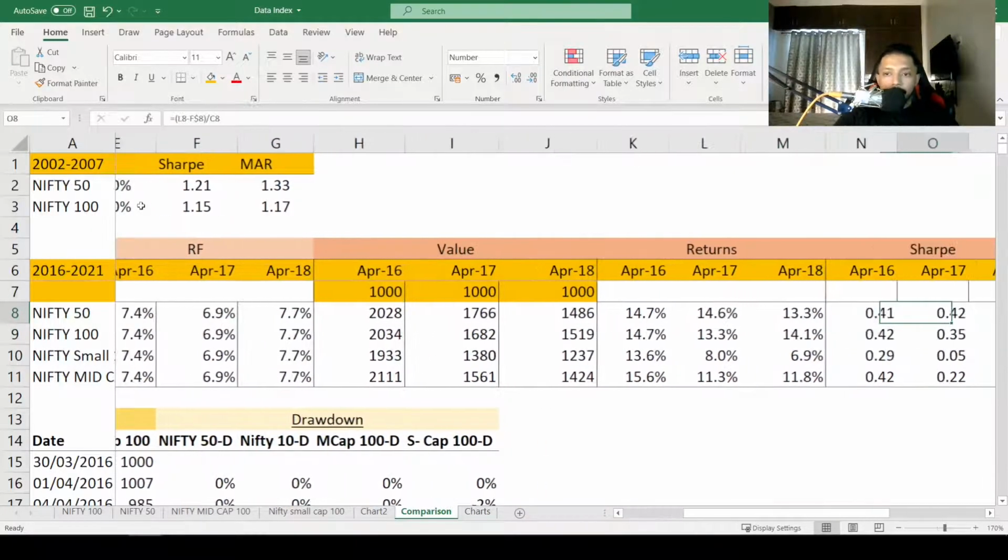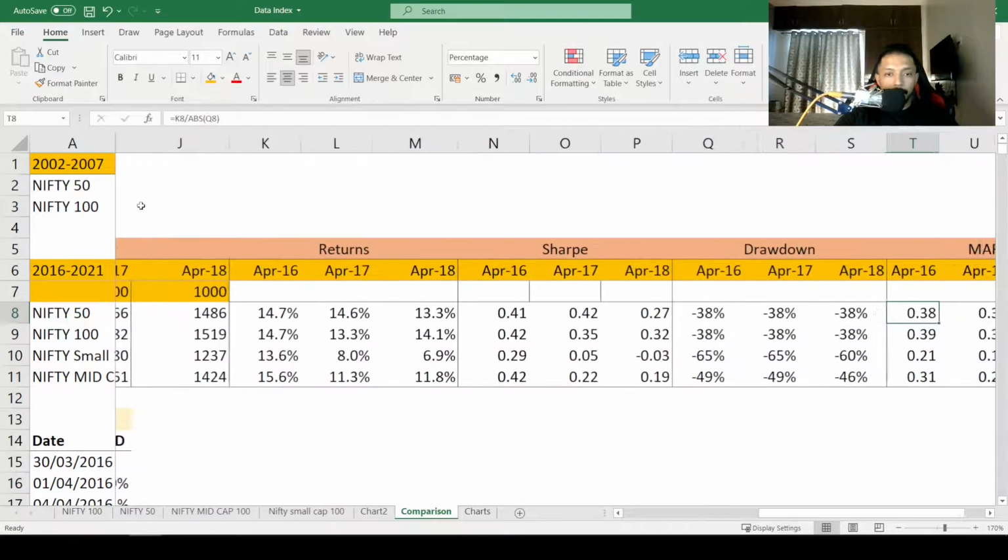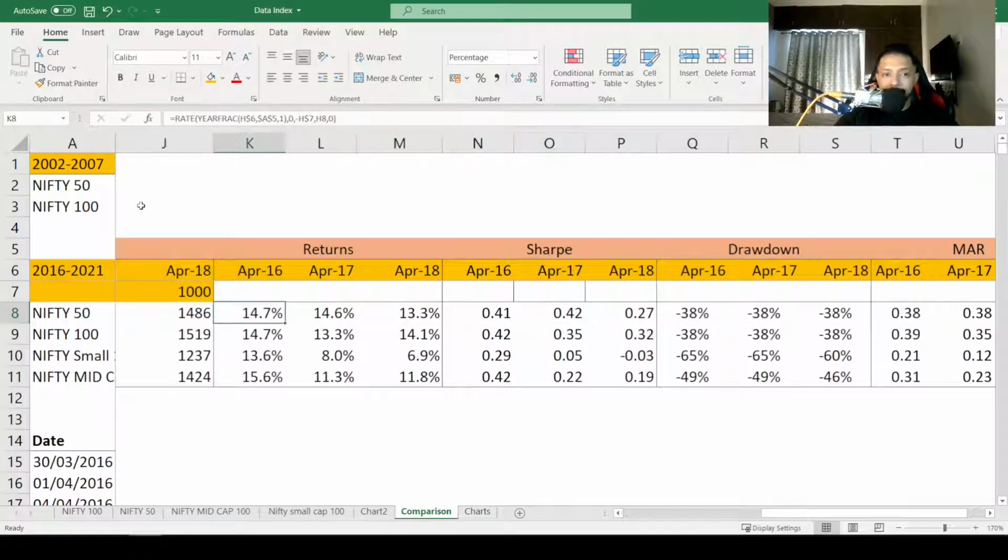Now, if I look at the returns, okay, from 16 onwards, mid cap generates the highest returns, okay. Nifty 50 generates 14.7. Nifty 100 also generates 14.7, but small cap in turn generates the lowest returns.